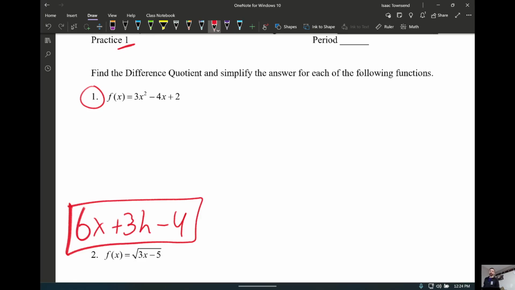I would say if you got this one correct and you think you're going to be waiting a few minutes, you're welcome to do the top question on the back page because it's the same question type.